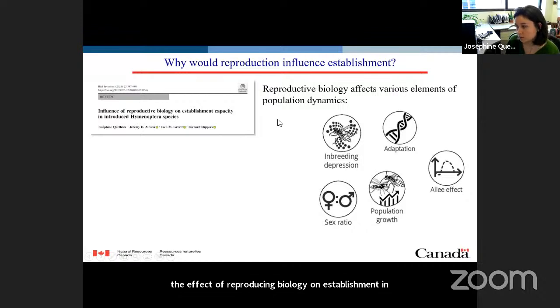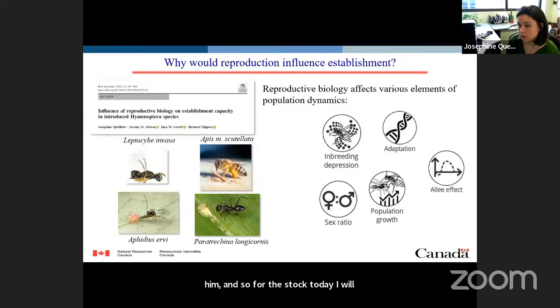And so for this talk today, I will be presenting the case of 4 species that are highly successful in their introduction range, and for which reproductive biology has had an impact on their success.